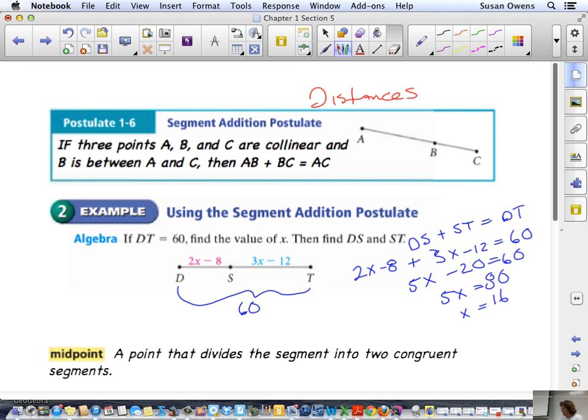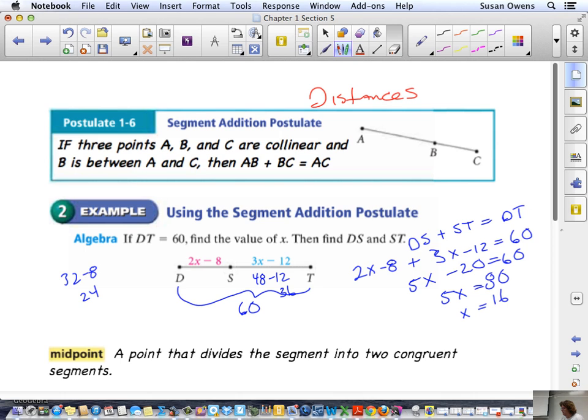It wants me to find x, then wants me to find DS. So it's going to be twice that 16 minus 8. So I'm looking at 24. And this one, 3 times that, so that's going to be 48, minus 12. So that's going to be 36.